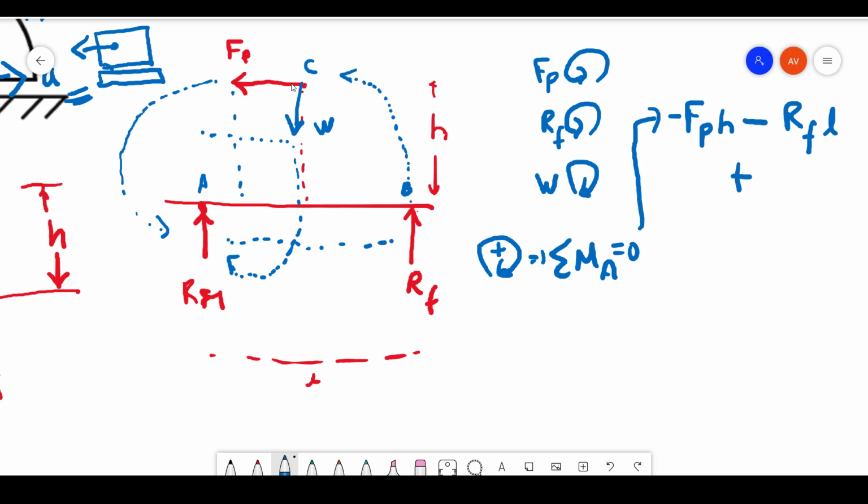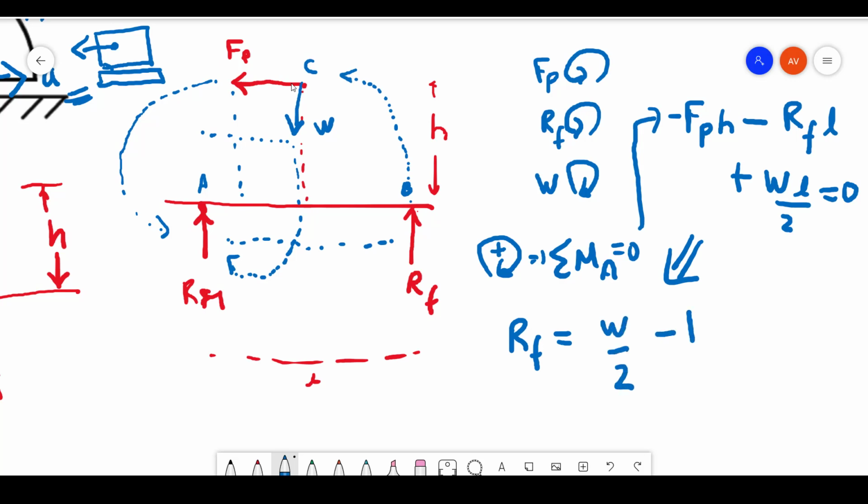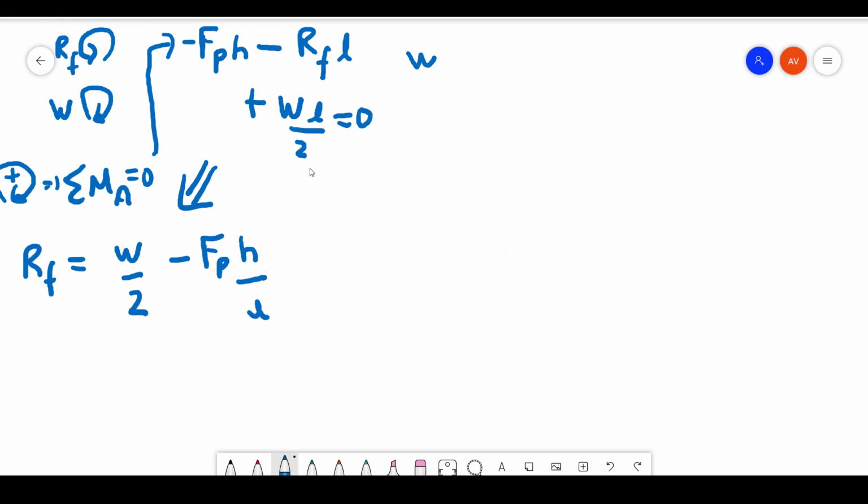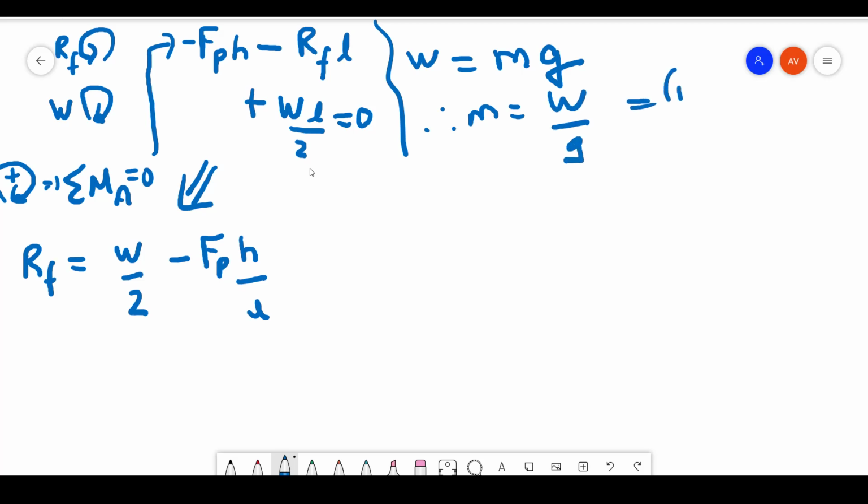If you see that, it is W into L by 2, that is equal to 0. Now upon solving this, what do you get? RF equals W by 2 minus FP H by L. Let's solve this further. What is your W? W is equal to your mass into acceleration due to gravity, because W is weight. Therefore your mass can be written as W by g. This is one thing.